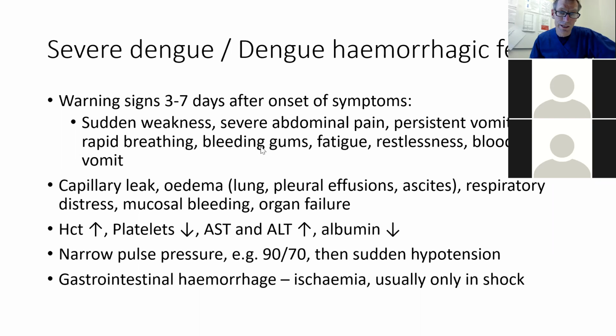general body swelling. They typically at this stage start to have a severe capillary leak syndrome, where they'll have fluid accumulating in the tissues, in the lungs, sometimes in the pleural spaces and in the peritoneal cavity.